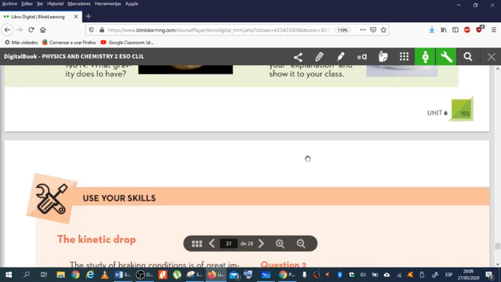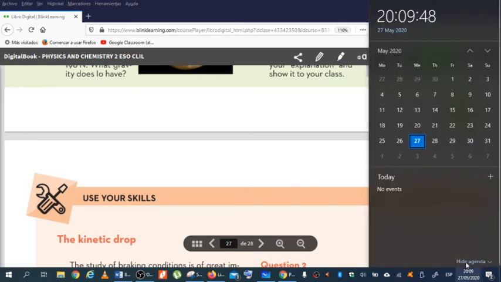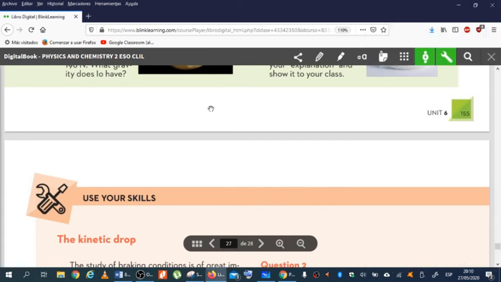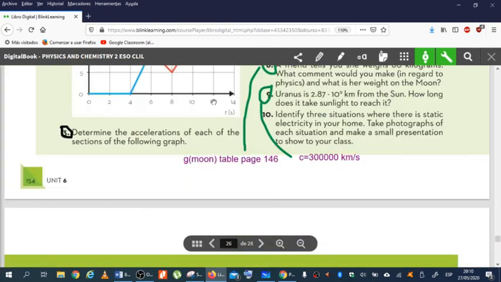But don't forget, on the 8th of June, you will do an activity, a task for evaluating this unit, okay? The forces, only forces.